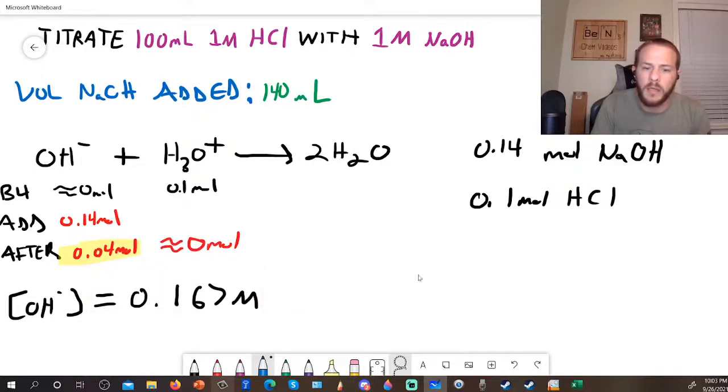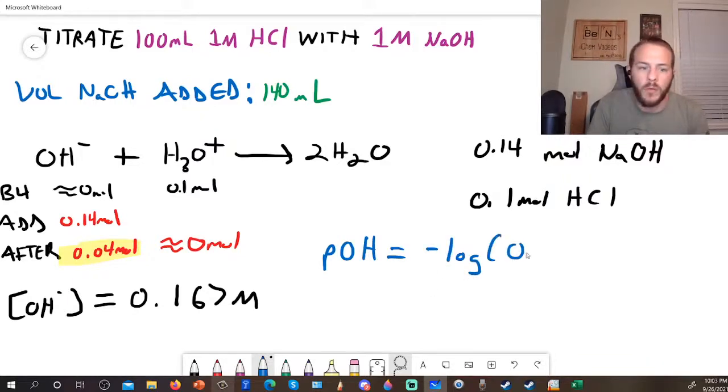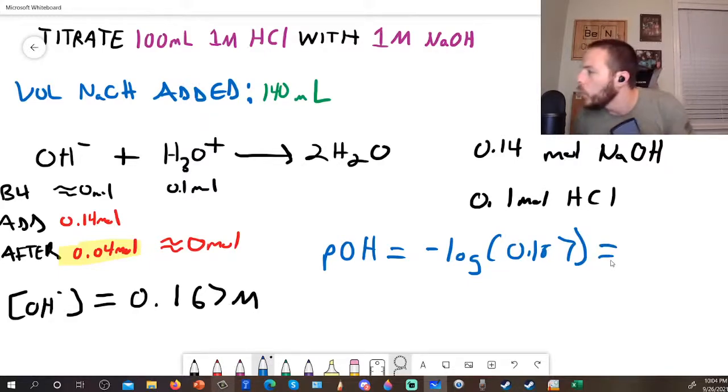From there, we're going to calculate pOH by taking the negative log of 0.167, and that becomes what? So yeah, Demeen says 0.167. Yes, we're doing this correctly. Good.